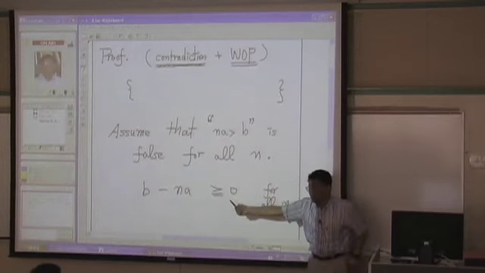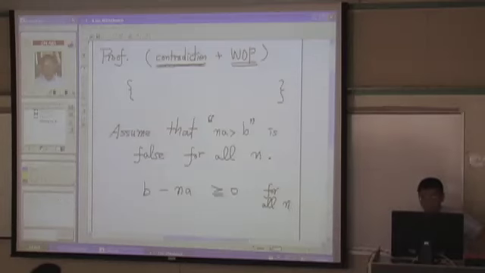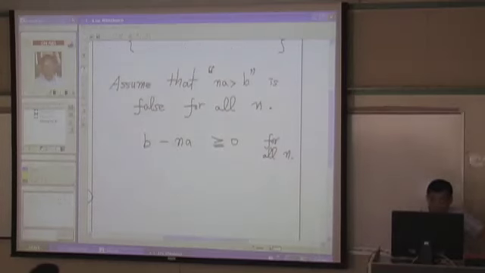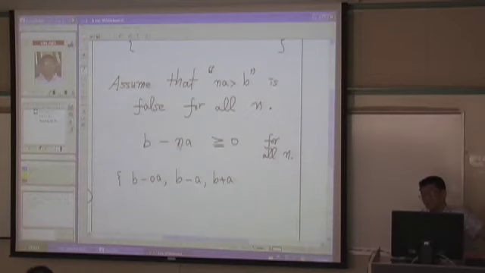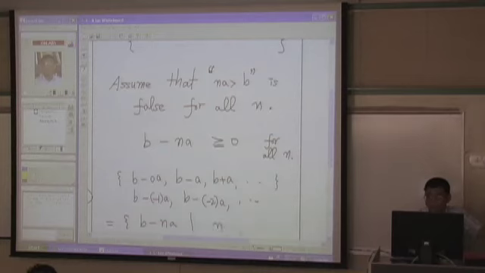Then now, we have plenty of numbers like these, right? Such as B minus 0A, B minus A, B plus A, and also this n could be negative, then B minus negative 1A, B minus negative 2A. And we have plenty of things like these, but in short, we can just use simple notation, B minus nA, where n is an integer.